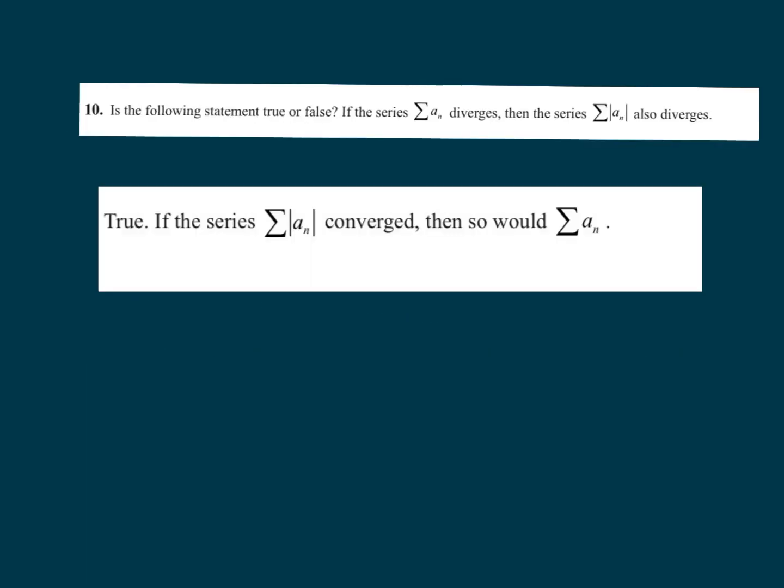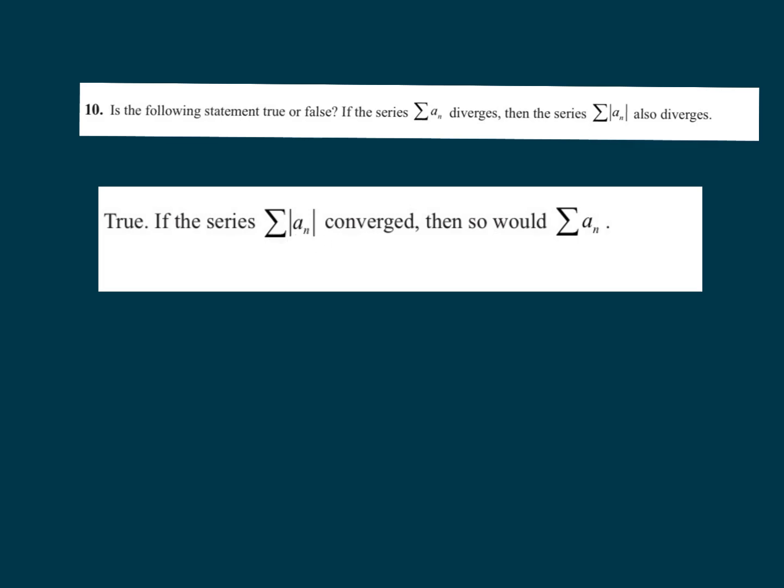Okay. Now let's solve problem 10. Problem 10 says, is the following statement true or false? If the summation of a sub n diverges, then the series of the absolute value also diverges. How will you negate this?